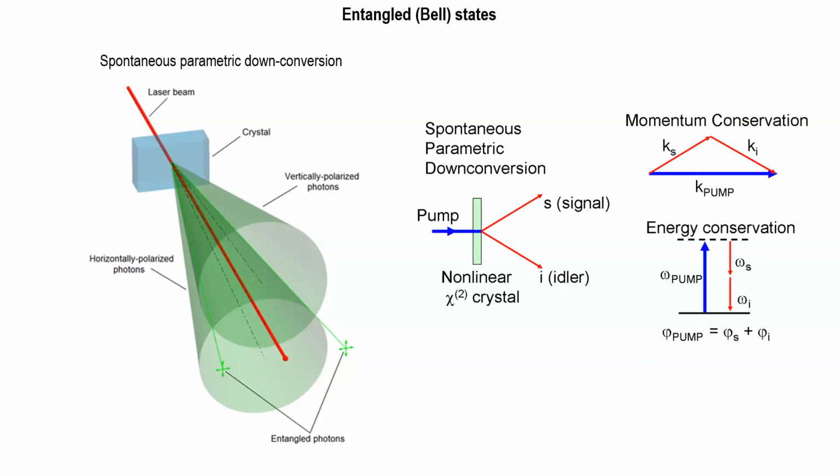Inside of this crystal, this photon, which is a high frequency or high energy photon, spontaneously breaks down into two photons. Because of the fundamental properties of nature, for example energy conservation and momentum conservation, the photons must be entangled, or at least some of these photons must be entangled.